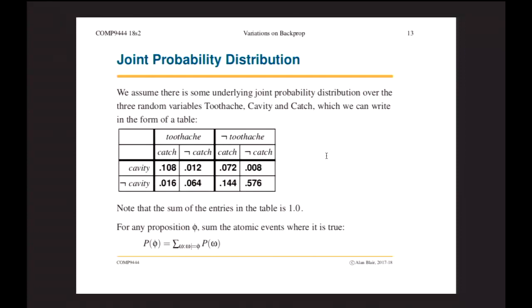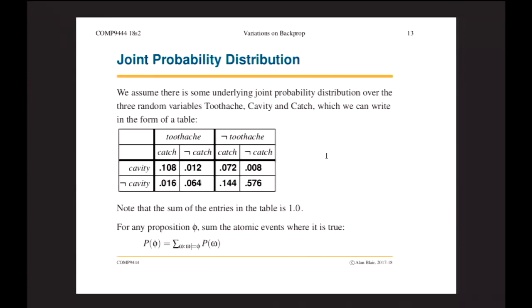If it catches, that provides additional evidence that you have a cavity. It's not conclusive, but it's supporting evidence. If it doesn't catch, then it's less likely that you have a cavity. This is an example taken from an AI textbook of the relationship between these three different variables.